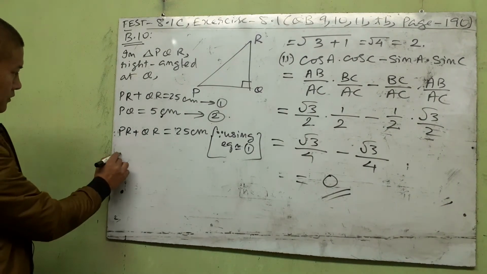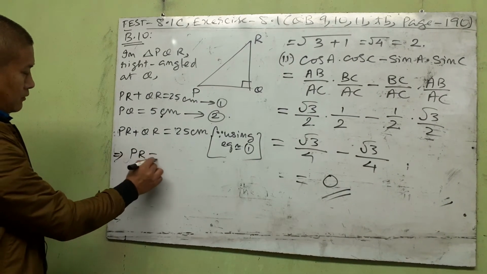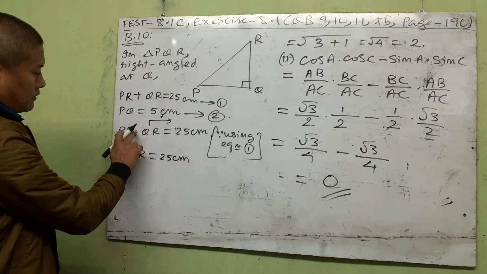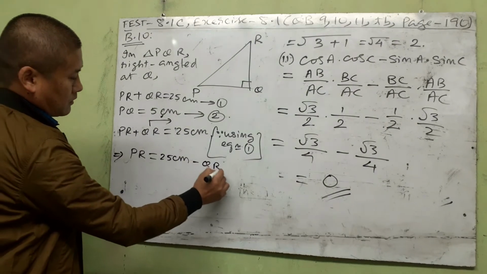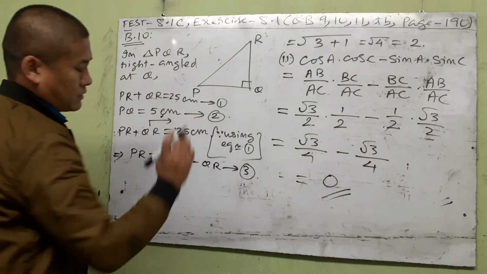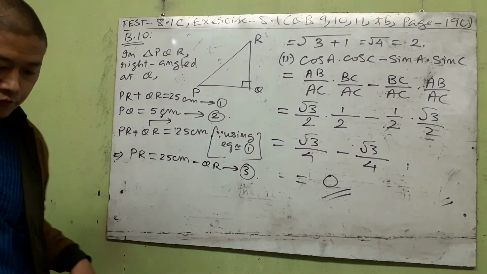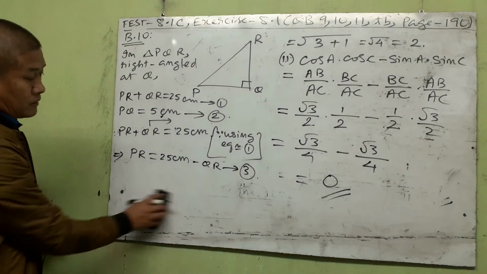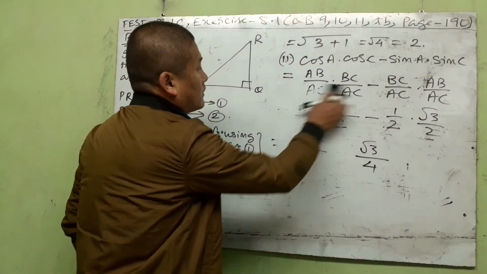Then here that gives you PR, keep it, don't move, then 25 centimeter, don't move. If you shift this, plus QR will become minus QR. Let us put this one as equation 3 because we may need it later on. We are going to need it as we go on. So next, let's go about like this simply.